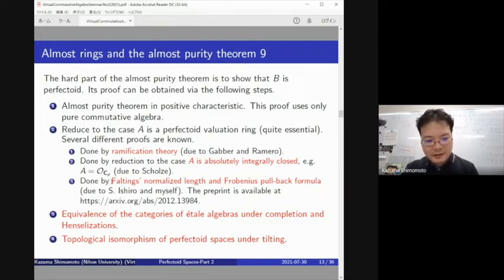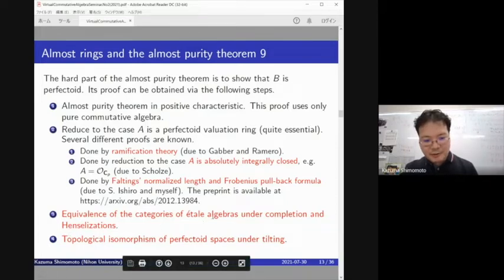If you are interested, we have a preprint on arXiv, so you can get access to the papers. The third step, which I don't talk about so much, is the equivalence of the categories of étale algebras under completion and Henselization. And also the topological homeomorphism of perfectoid spaces under tilting. This is quite a global geometric argument.